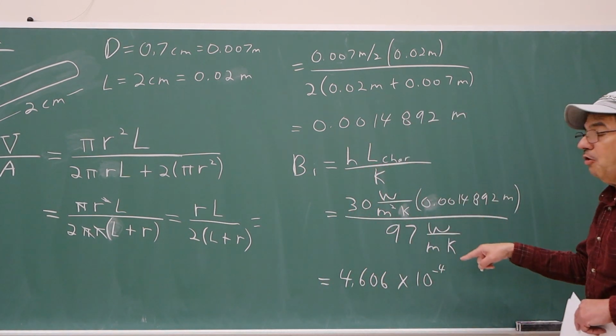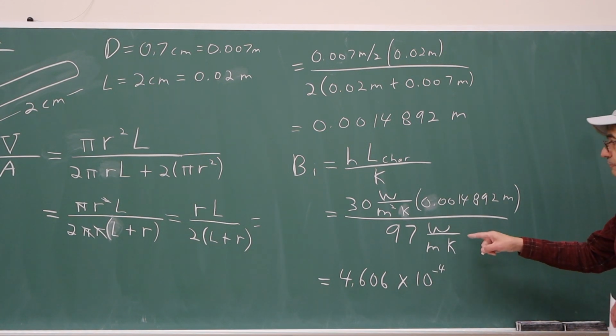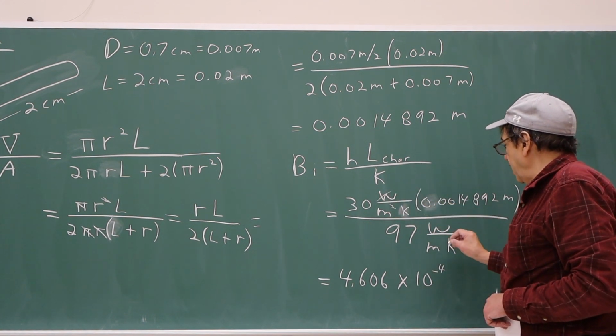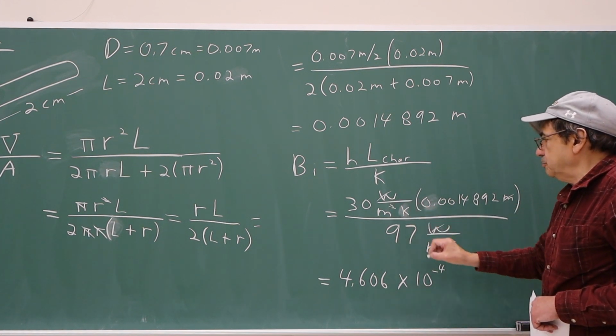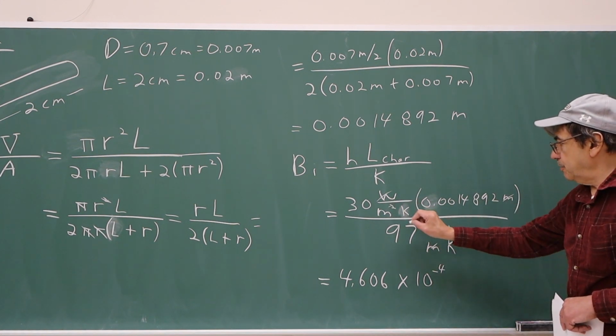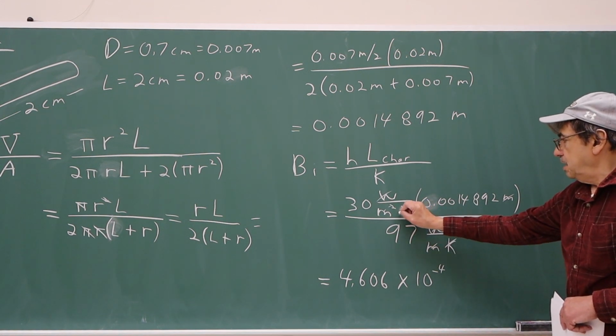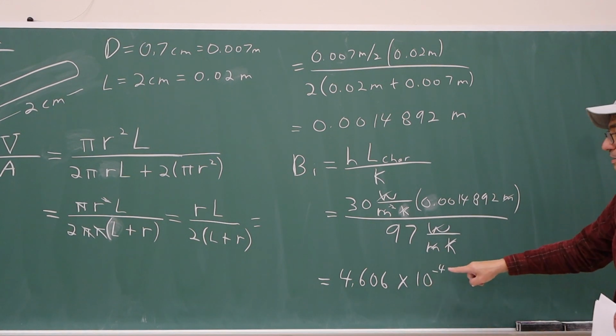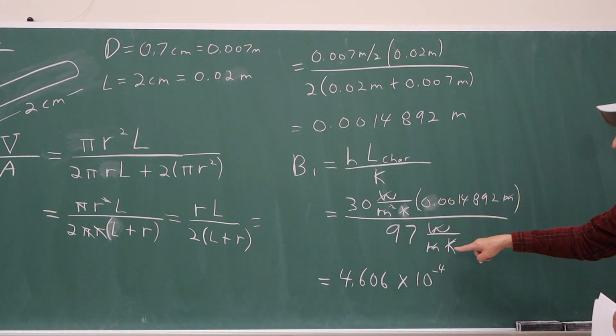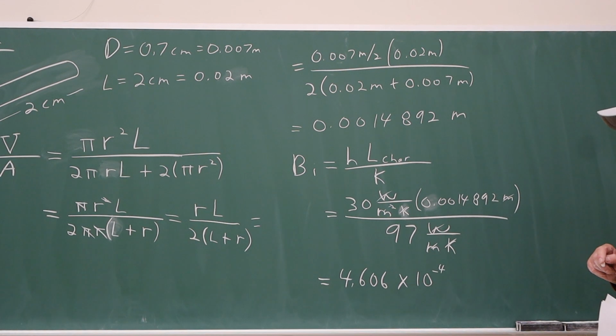And actually all the values cancel. So here we have watts cancel, meter, one of the meters canceled here, the other one canceled here, Kelvin canceled there. And this should be a dimensionless number, so just always check this to be sure that everything cancels properly.